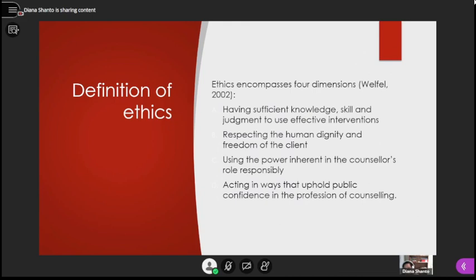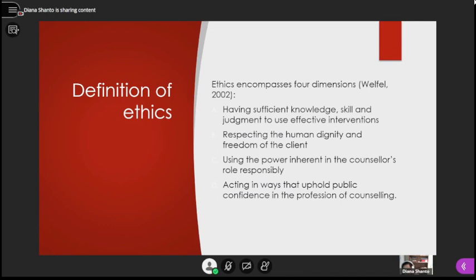Secondly, it's respecting the human dignity and freedom. Quand on parle de freedom, c'est autonomy of a client. Troisième, using the power inherent in the social workers' roles responsibly. Acting in ways that uphold public confidence.